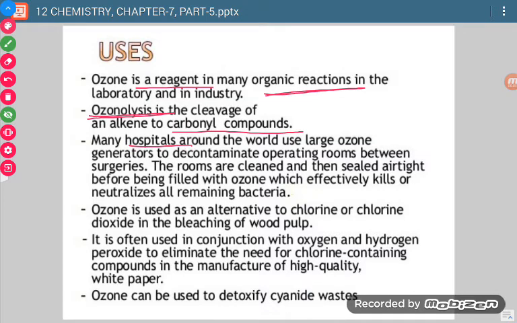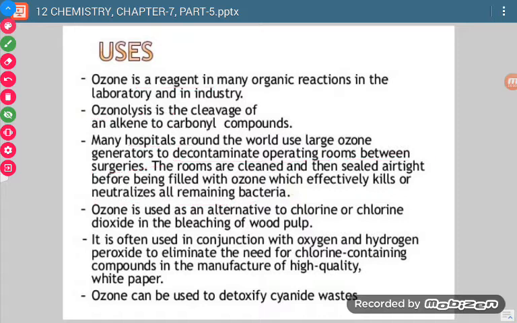In surgical rooms where surgeries are going on, we use ozone to avoid suffocation. It has two types of effect: first, it neutralizes all the bacteria, and second, it undergoes dissociation to produce oxygen.